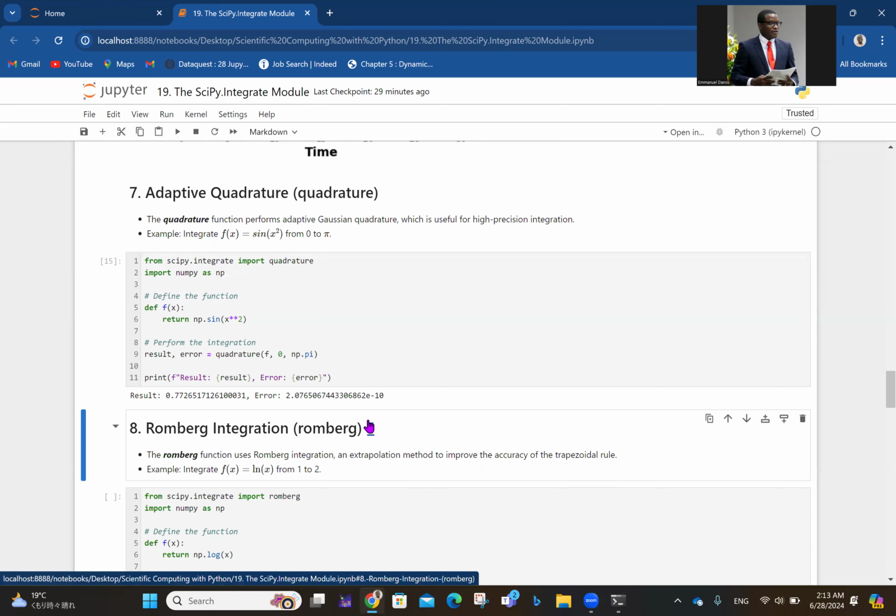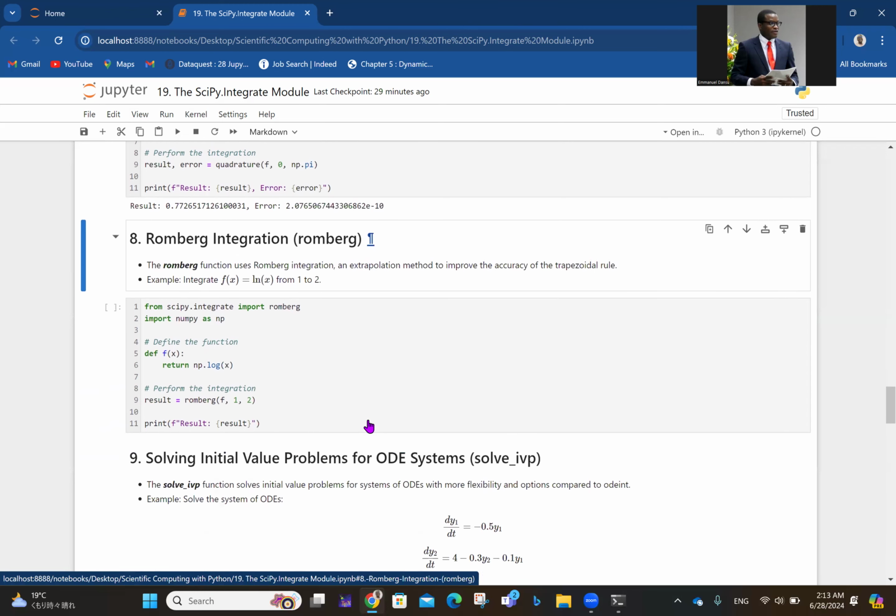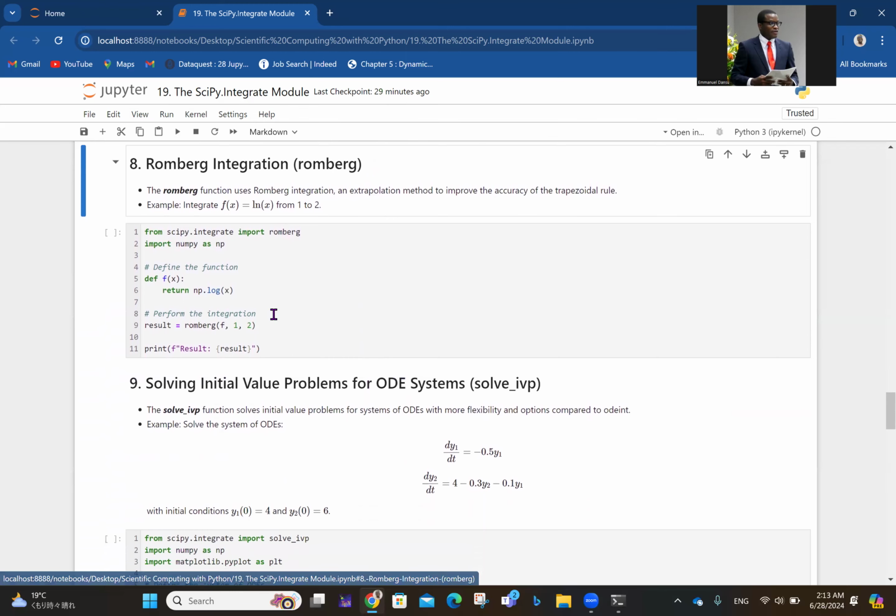Okay. So then we also have the Romberg integration. So the romberg function uses Romberg integration and extrapolation method to improve the accuracy of the trapezoidal rule. So, if you want to increase the accuracy of trapezoidal rule, you go Romberg. Okay. So here, we integrate f of x equals ln x from 1 to 2, like that.